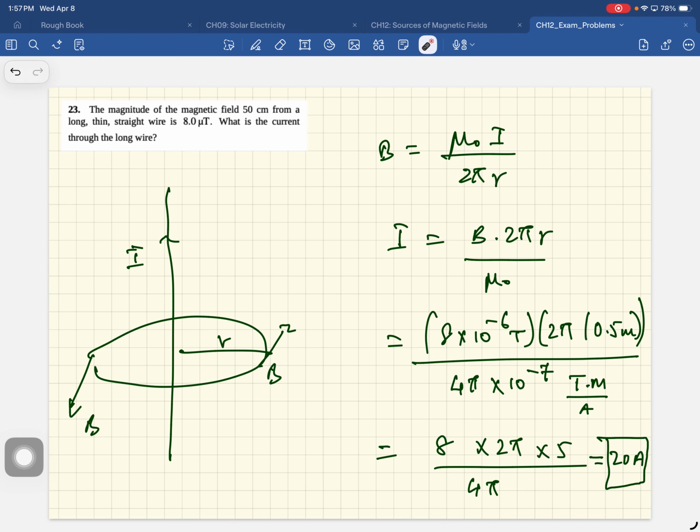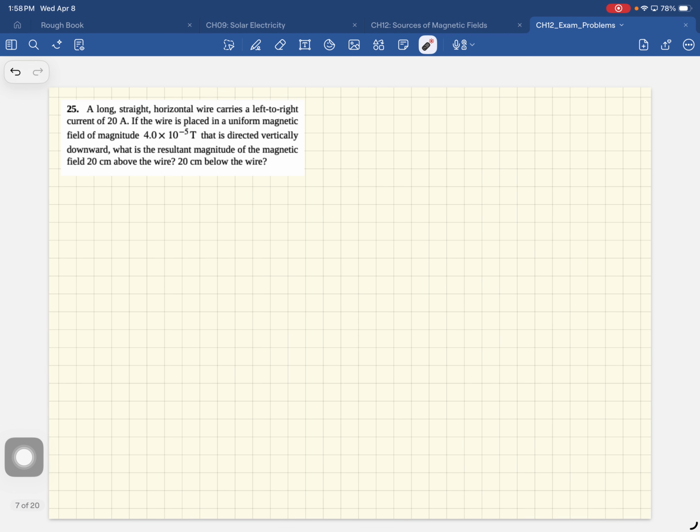All right, so now we'll draw a different diagram. So now you have a net field B naught in this direction. So now we're doing it as a side view, and this B is 4 times 10 to the minus 5. So what I've done is now I'm looking at it from this view. This field was in that direction and that field is in this direction. That's what I've drawn.